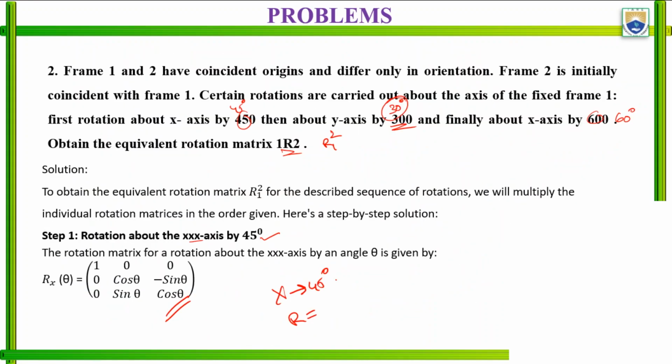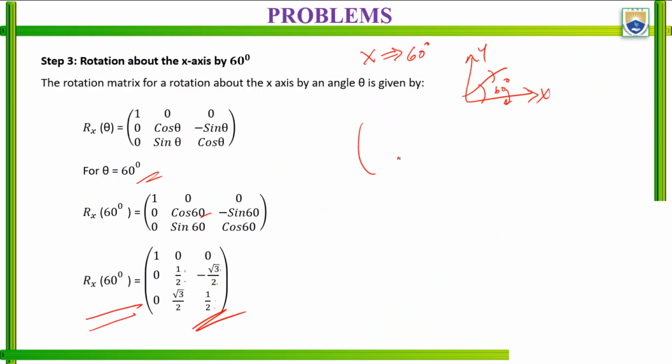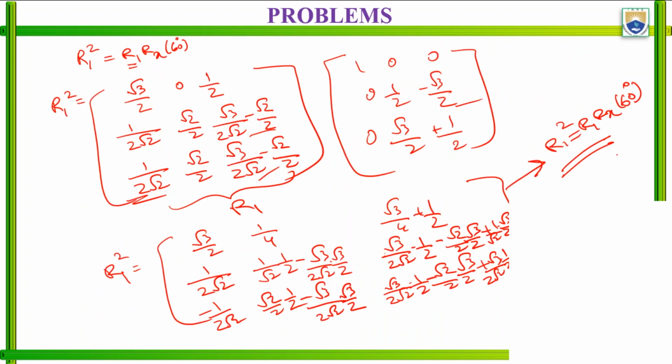Here what we need to find out is our rotational matrix R1 square, the equivalent rotational matrix. So this is the rotational matrix R1 square which we have got, that is R1 into Rx with respect to 60 degrees.